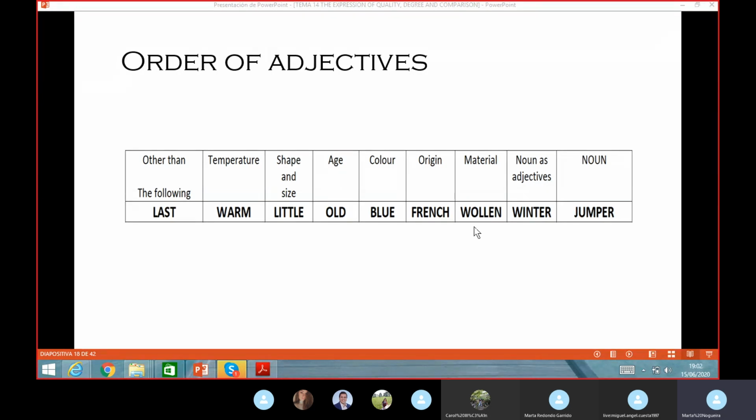Por ejemplo, pues jersey de invierno, ¿vale? Quiero decir que esto no es necesario que os aprendáis esto, pero sí que tengáis en cuenta que si yo quiero decir una abeja gorda y azul, pues ¿qué vendría primero, gorda o azul? Pues gorda. A fat blue bee.